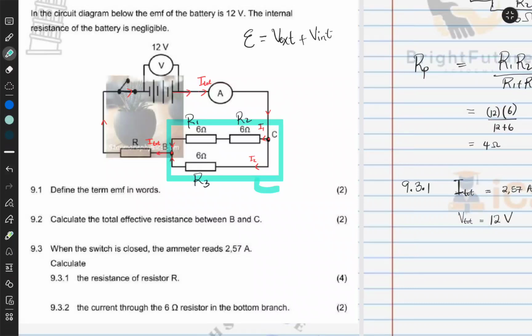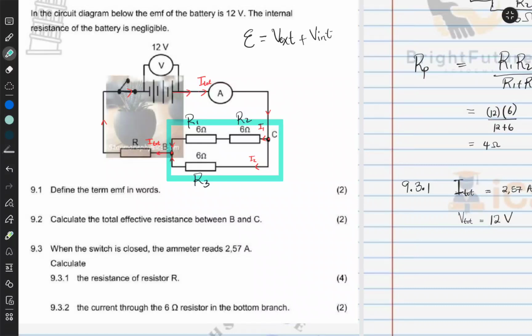You can calculate the voltage across the parallel circuit combination. Since this is a series circuit, once I calculate the effective resistance of the parallel combination, I have reduced all those 3 resistors into one big resistor, which is connected in series to R.